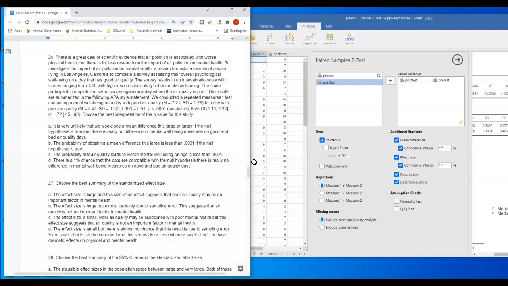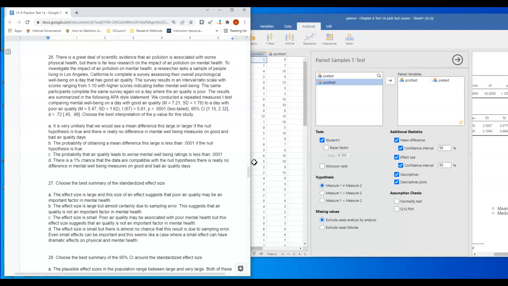So if the null hypothesis is true, it's very unlikely I would get a t of 5.91 or more extreme. Right? So A is true. So it is very unlikely that we see this mean difference this large or larger if the null is true and there's really no difference.